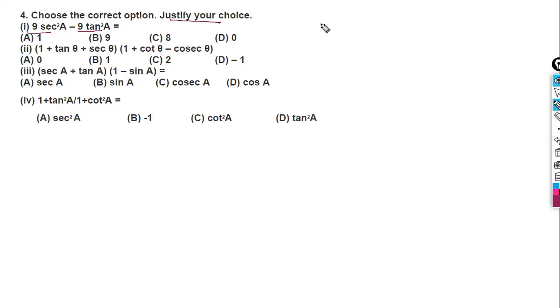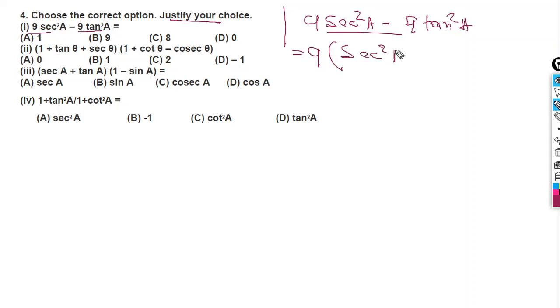We will find the answer. Let's write the question: 9 sec square A minus 9 tan square A equal to, you can take 9 as common, then what will remain is sec square A minus tan square A.